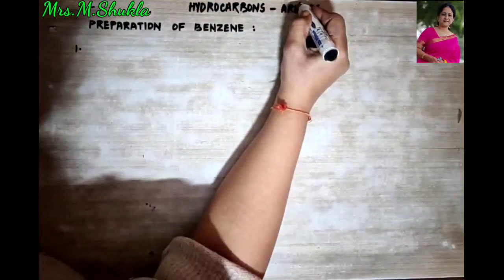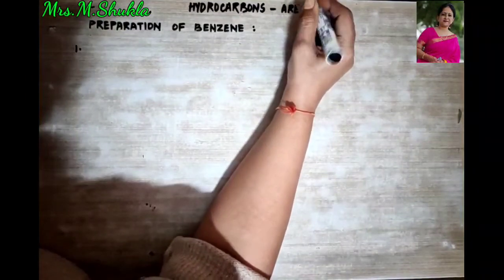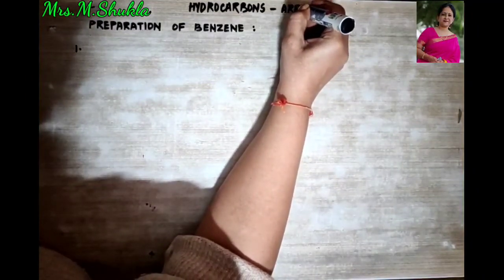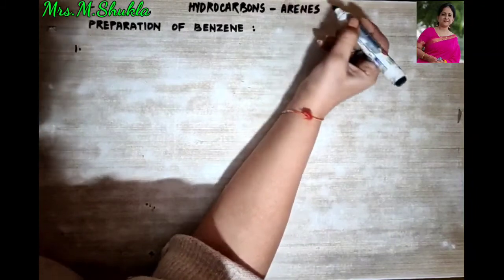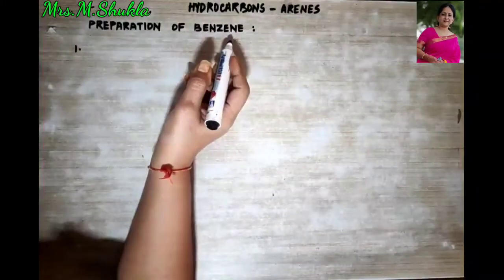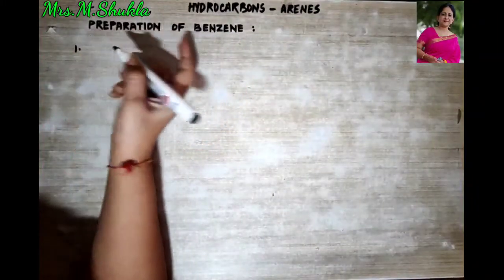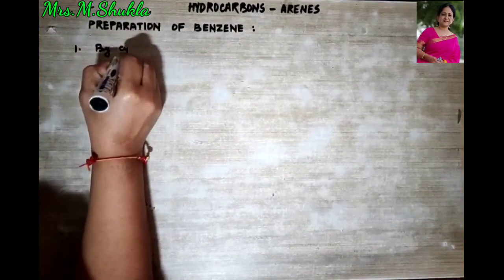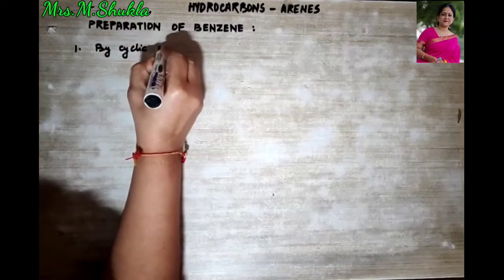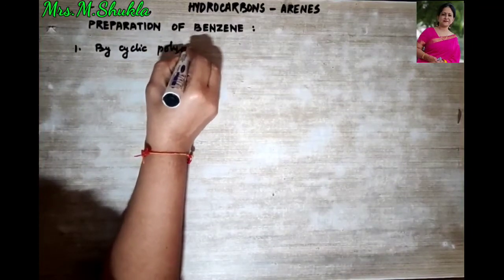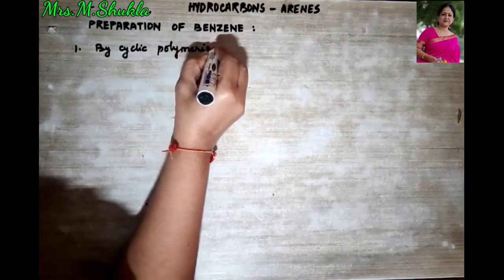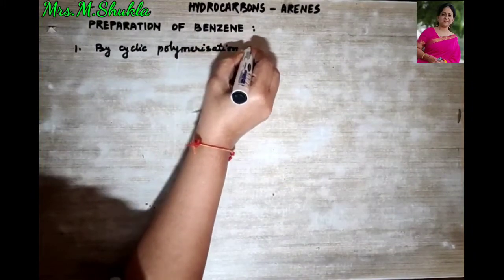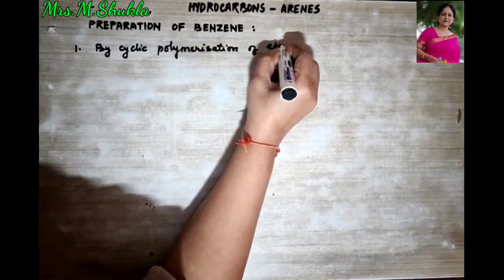Today we shall continue to study about arenes, and over here today we shall study about how to prepare benzene, right? So the first method of preparing benzene is by cyclic polymerization of ethyne.